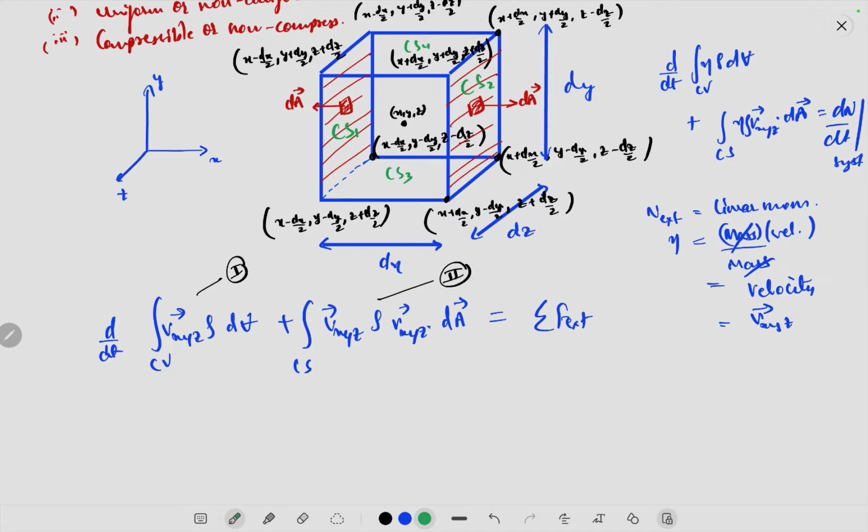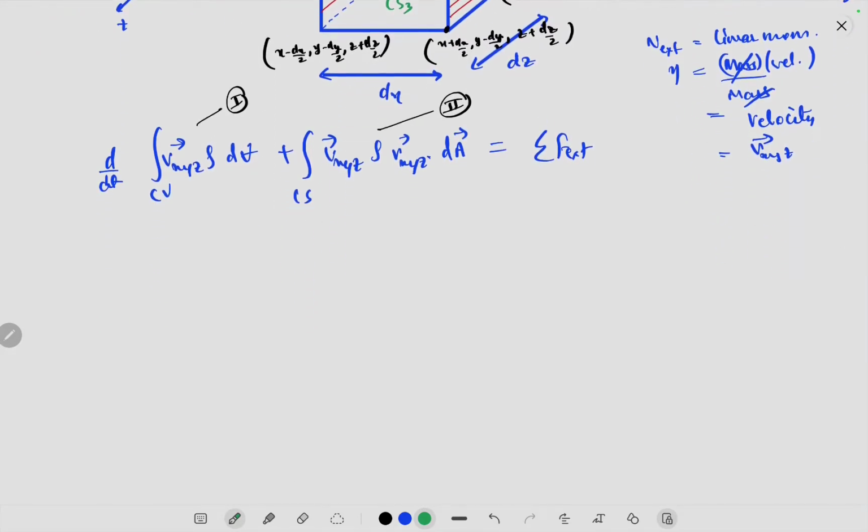Okay, so let's focus on CS1 and CS2. So what will be term 1? It will be this term for control surface 1, correct? So that will be the integral over CS1 of v_xyz rho v_xyz dot dA.